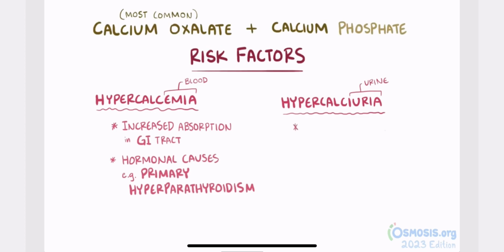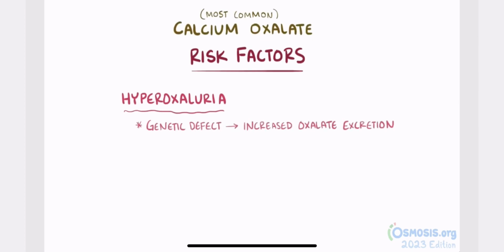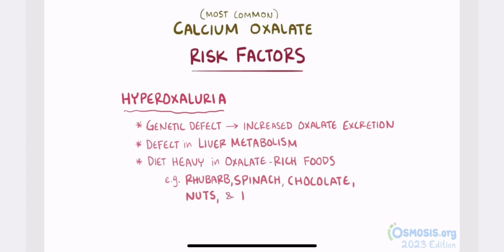Hypercalciuria can result from impaired renal tubular reabsorption of calcium, which leaves a lot of calcium behind in the tubule. For the calcium oxalate stones, hyperoxaluria is a risk factor as well, and it can be due to a genetic defect that increases oxalate excretion, a defect in liver metabolism, or a diet heavy in oxalate-rich foods like rhubarb, spinach, chocolate, nuts, and beer.